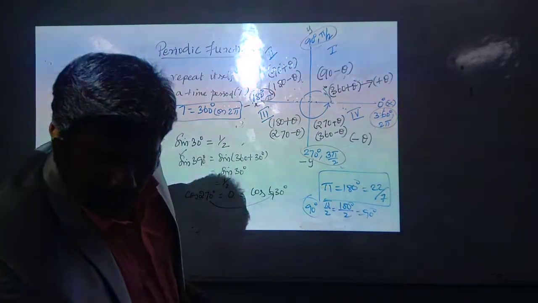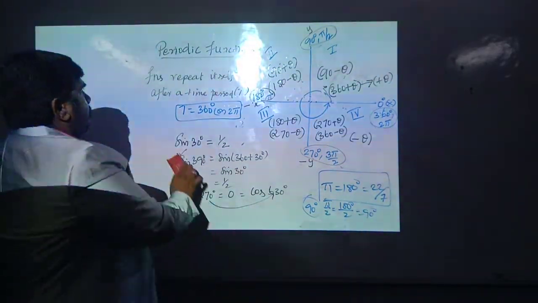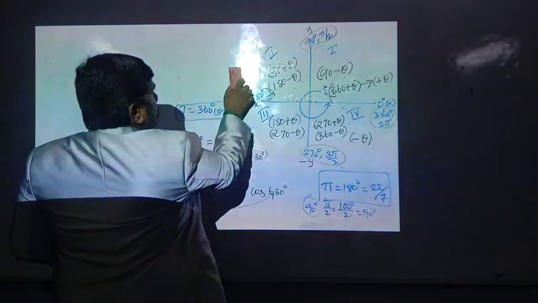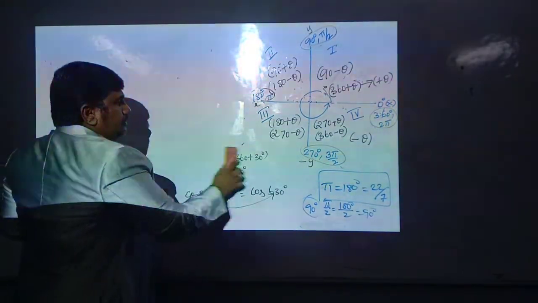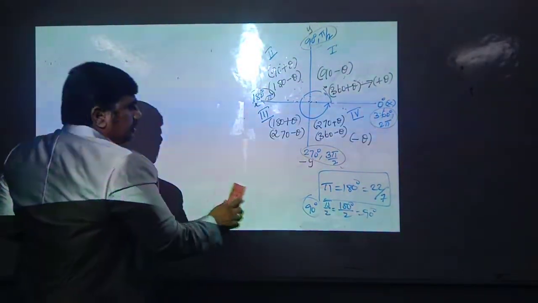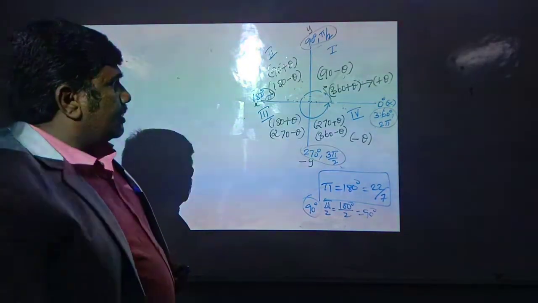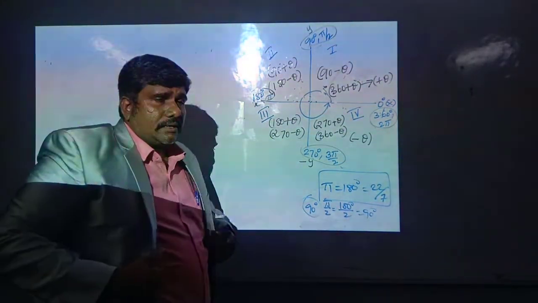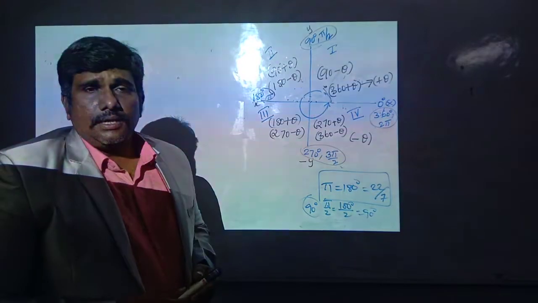Now, why are we denoting all this and dividing it into different quadrants in terms of these various angles?